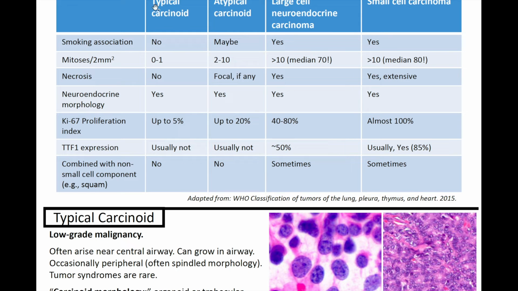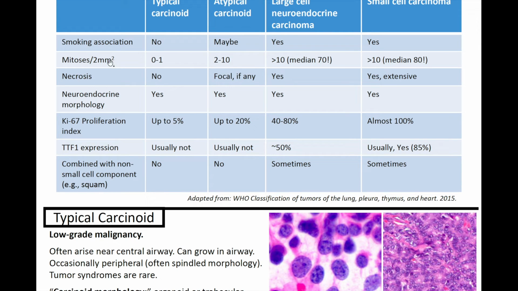So note that the way I think about it, and this could be wrong because I'm only a second-year resident, but I think about carcinoid as being a much lower grade. So in other areas of the body, you can have neuroendocrine tumors, which are less worrisome, and then you can have neuroendocrine carcinomas, right?